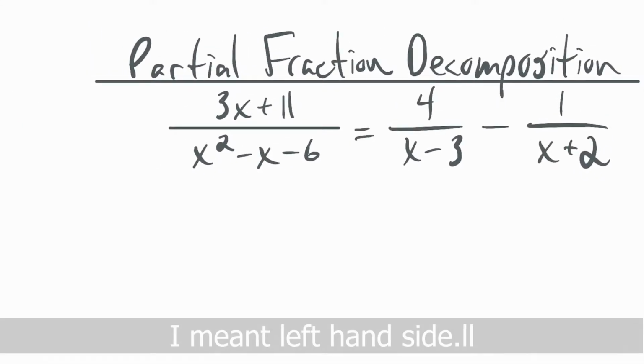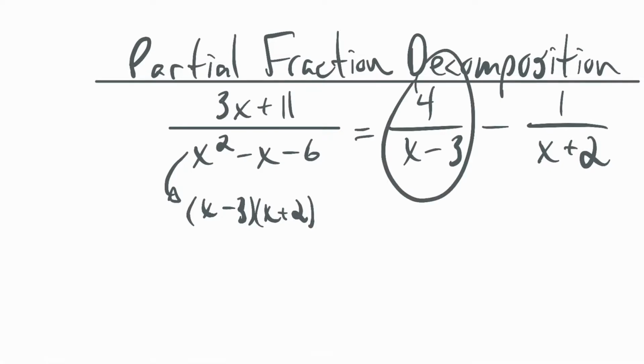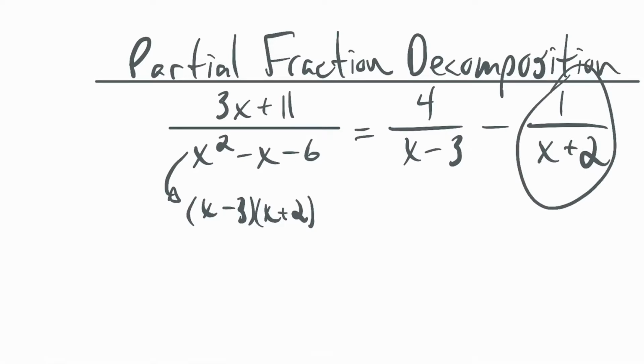So on the right-hand side, we can notice that this guy here factors. This is x minus 3 times x plus 2, right? So on the right, if I want to add these together and get a common denominator, this fraction, I need to multiply top and bottom by x plus 2. And this fraction, I need to multiply top and bottom by x minus 3. I'm going to change my stylus to this because otherwise I'm going to run out of room here.